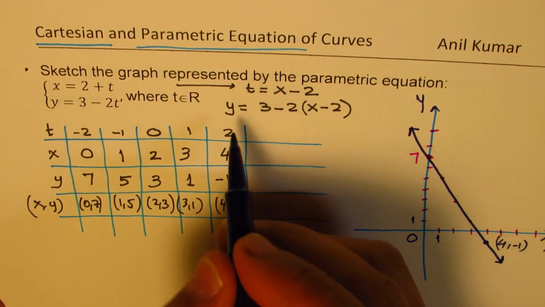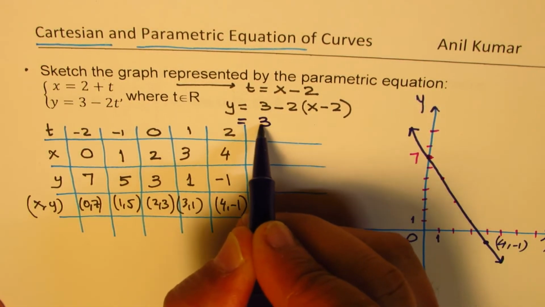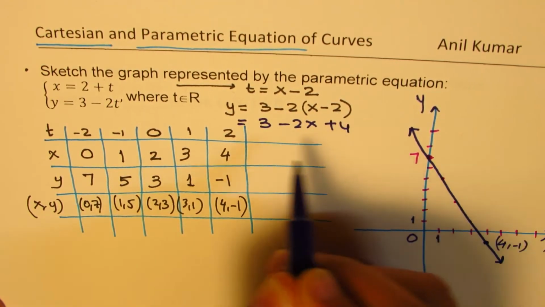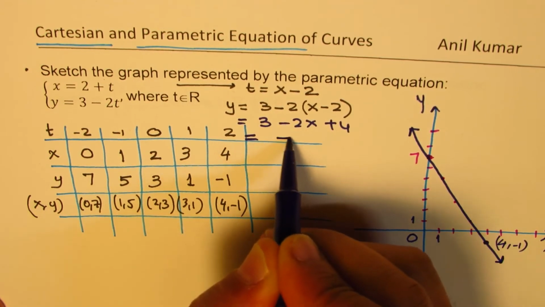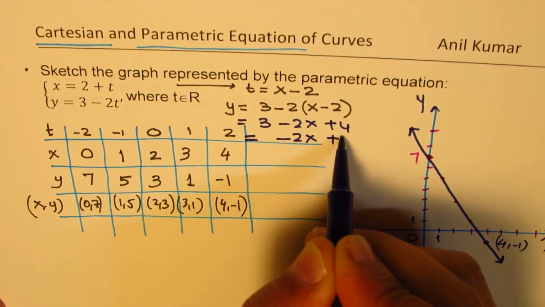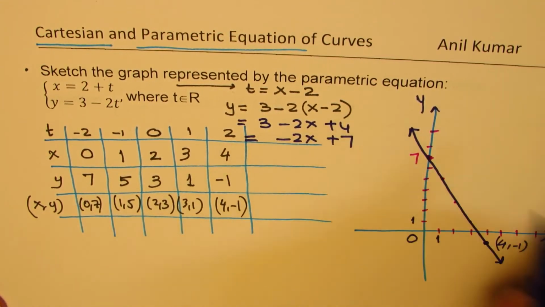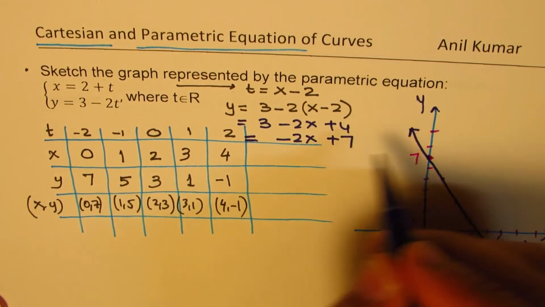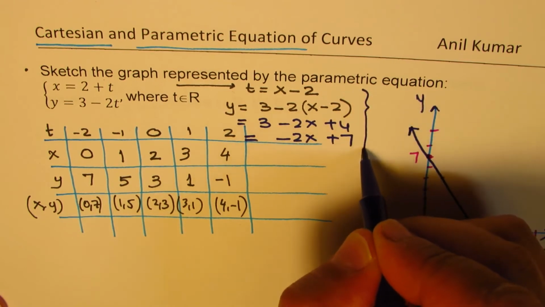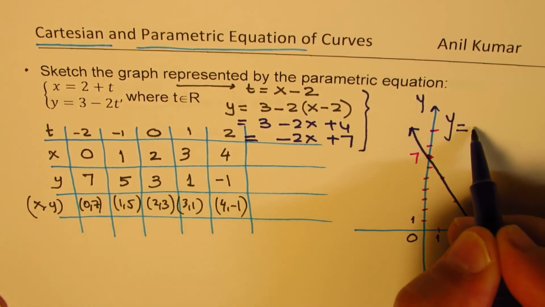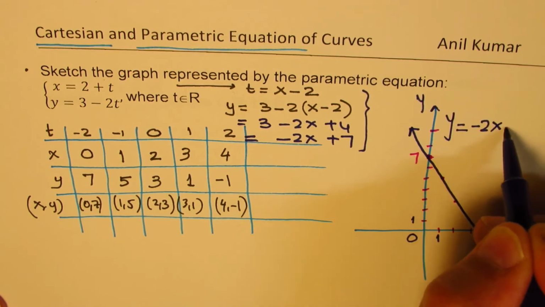Now let's continue. We could get this as 3, open the bracket, minus 2x plus 4, or we could write this as minus 2x plus 7. So you actually get the equation of a line, which is y equals minus 2x plus 7.